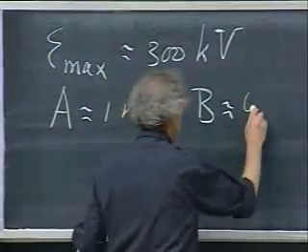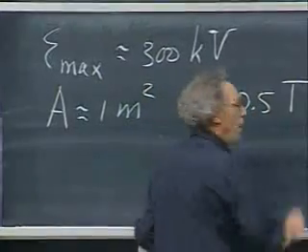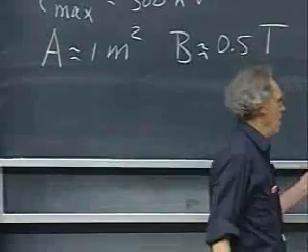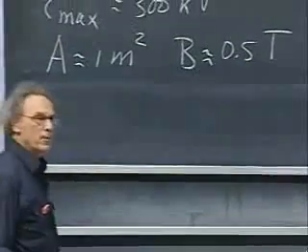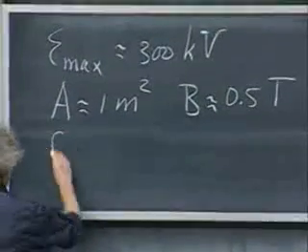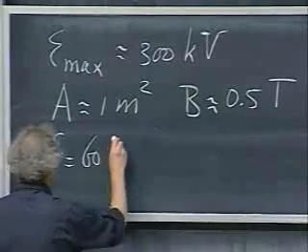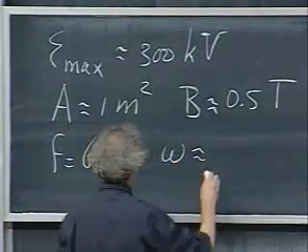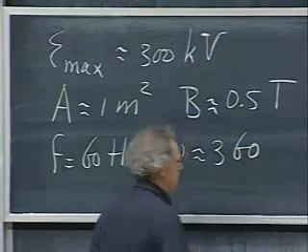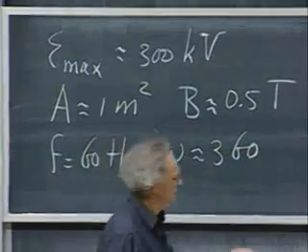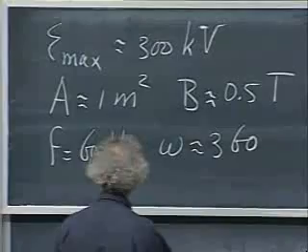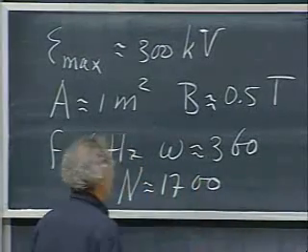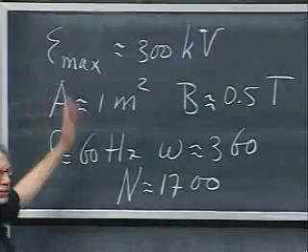It's by no means unreasonable numbers. And if now you want 60 Hertz frequency, so your frequency f is 60 Hertz, your omega is 2 pi times higher, about 360 radians per second. If now you have about 1700 windings, and you can check that at home, then you get your 300 kilovolts.